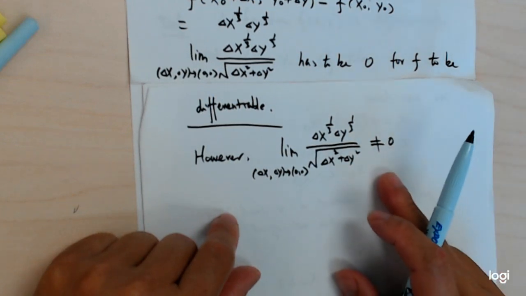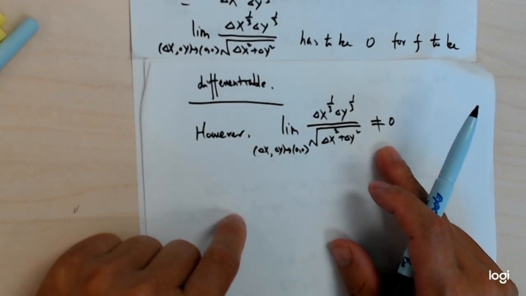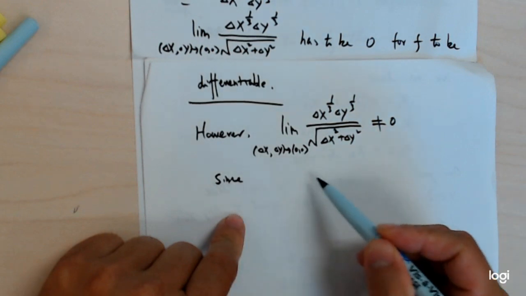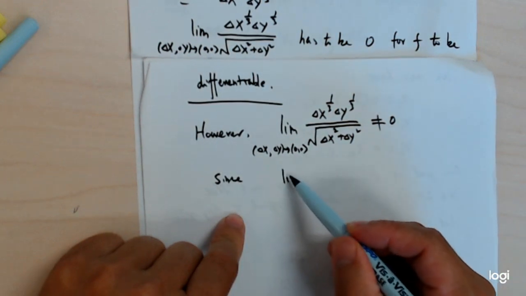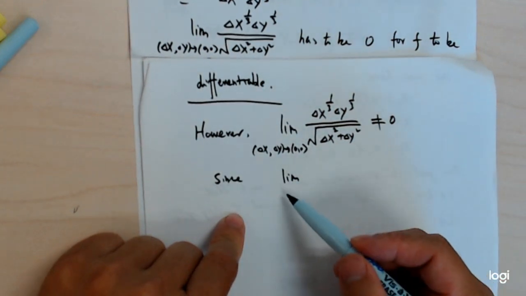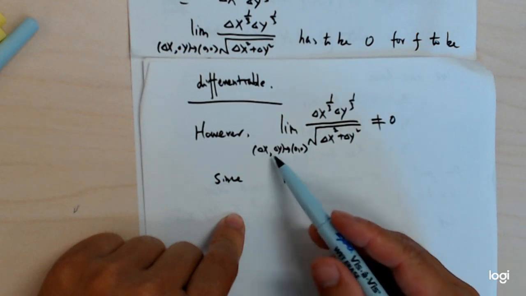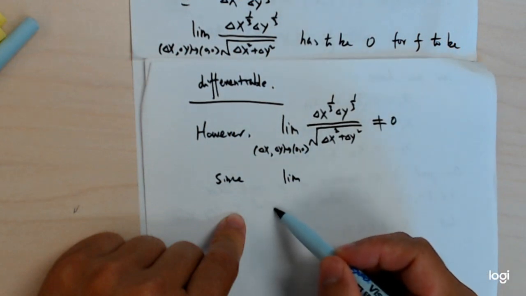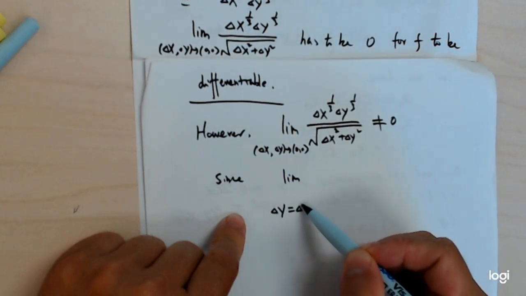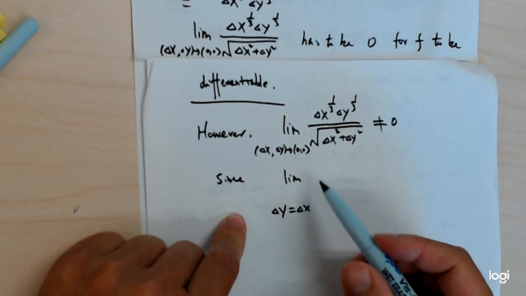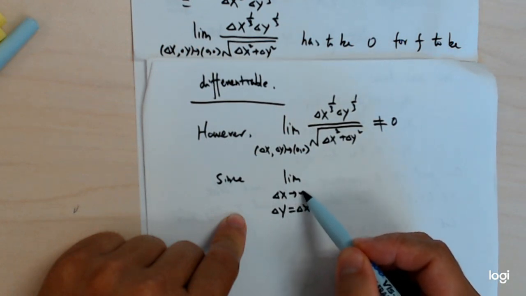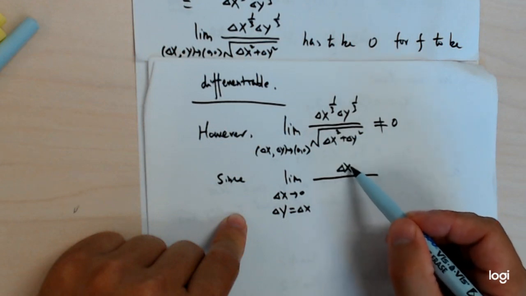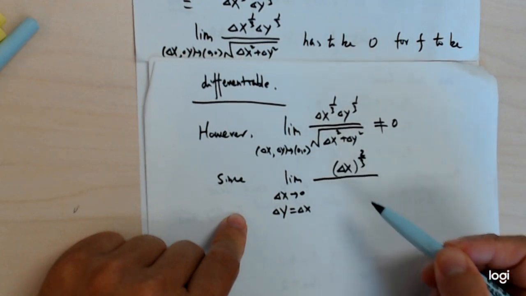One way you can show that this is not 0 is by doing the following. You can choose a specific path. You remember the different paths we can choose when delta x, delta y goes to 0, 0. So I can fix my delta y to be the same as delta x, and I'll simply let delta x go to 0. When delta y is the same as delta x, the top is delta x to the power of 2/3.